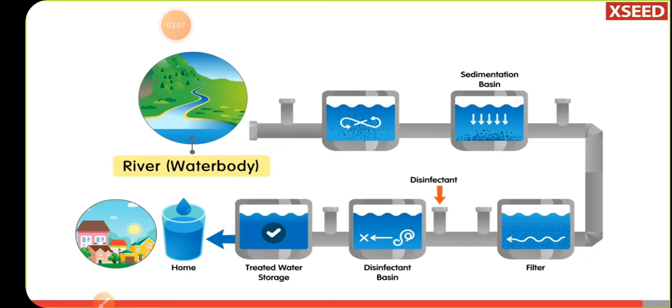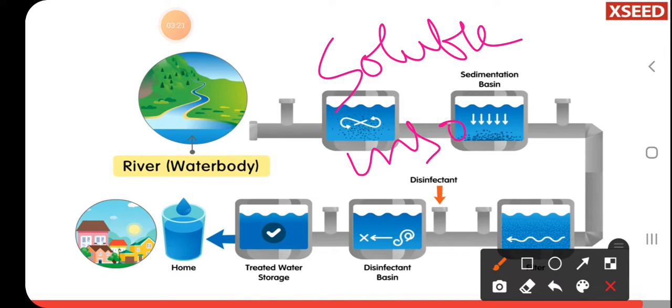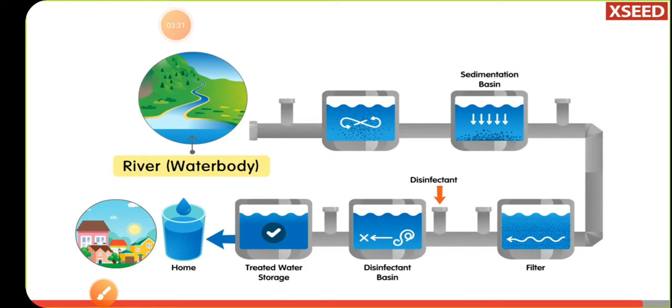So in this video we understood that there are different combinations of separation methods that are used to separate the soluble impurities and even the insoluble impurities present in the water, along with the germs that are present in the water. So let us see how the water is purified before supplying to the houses.